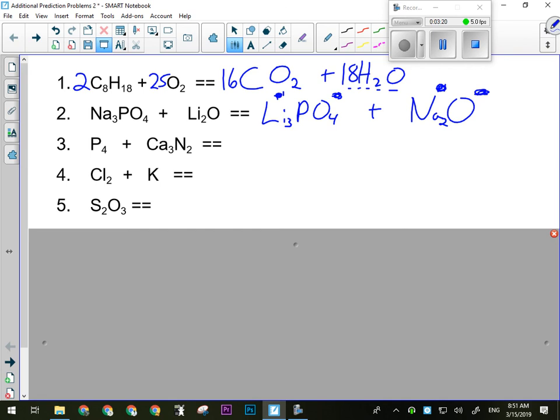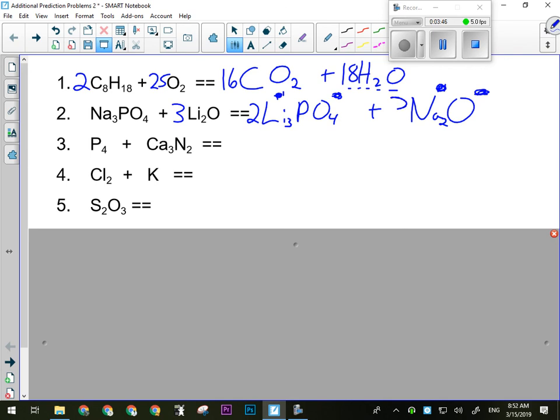Now that I've done that, my last step is balance the entire reaction. I would say I can start with either lithium or sodium. They're both present as a 3 here. Okay. I've got 3 lithiums on this side, and I've got 2 over here. The lowest common multiple of that is 6. All right, so I'm going to put a 3 here and a 2 here to make 6 lithiums on both sides. When I put this 3 here, that gave me 3 oxygens.